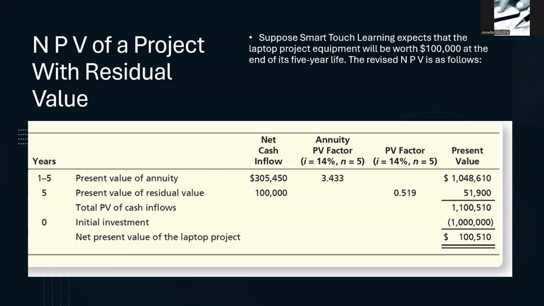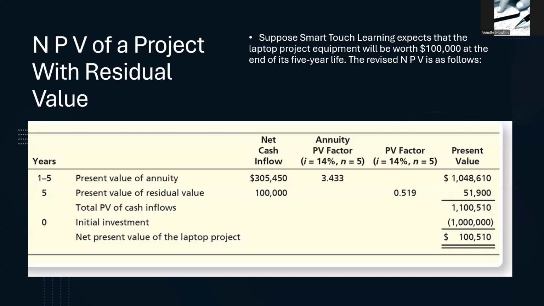Suppose Smart Touch Learning expects that the laptop project equipment will be worth $100,000 at the end of its 5-year life. So to determine the laptop project's net present value, we will discount the residual value of $100,000 using the present value of $1 table at the end of your book, okay?